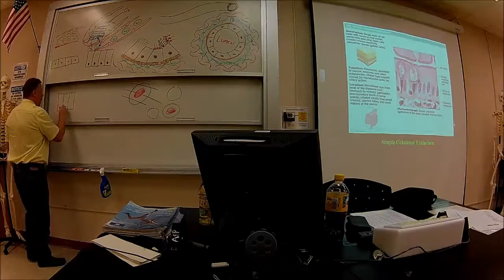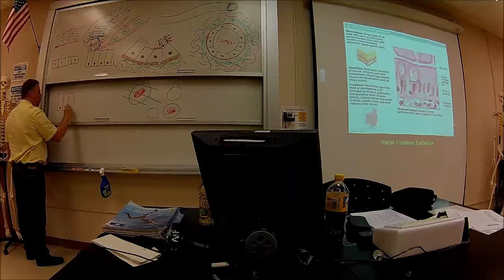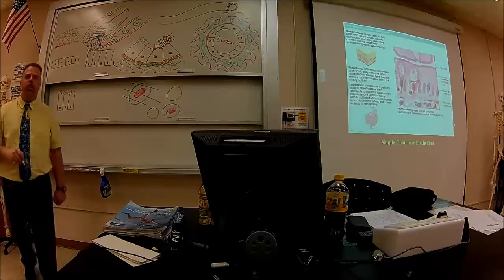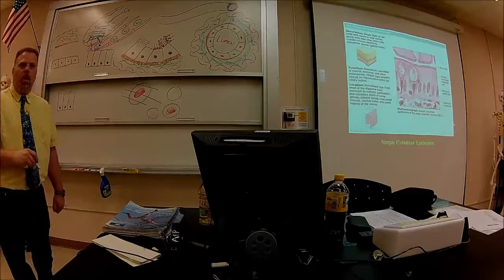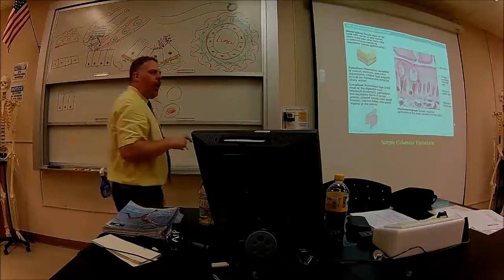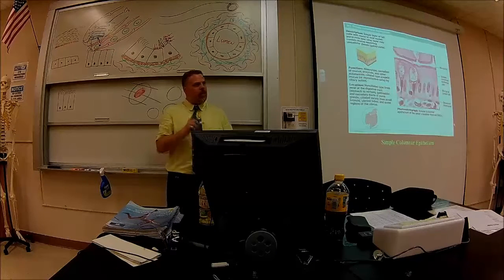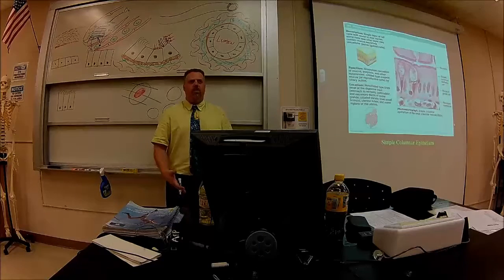The nucleus is down here, I have it right there. Sometimes we're going to have cilia up here. Sometimes you may have microvilli. If microvilli are there, then it's going to be in the digestive tract, specifically from the stomach all the way down.